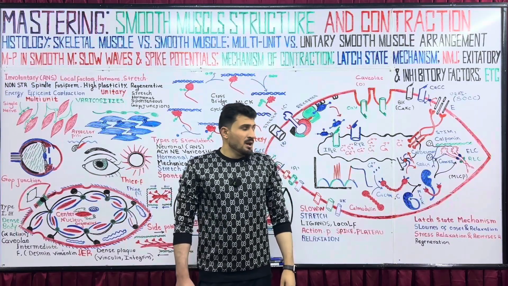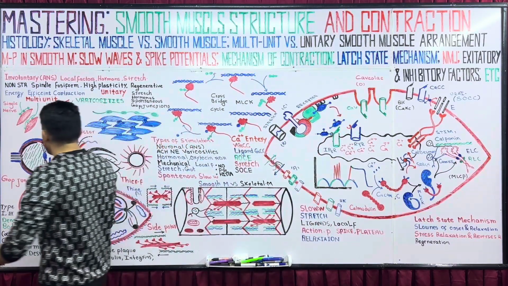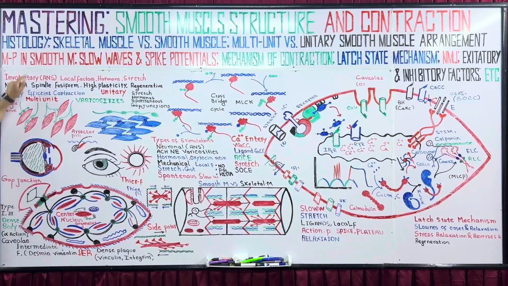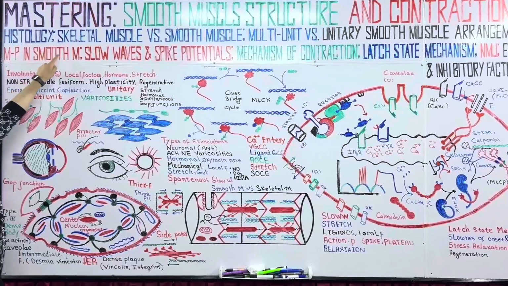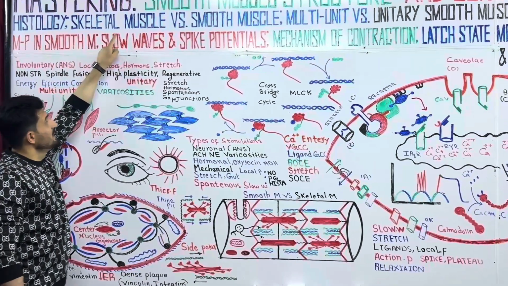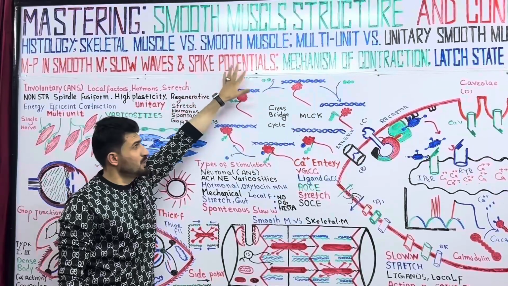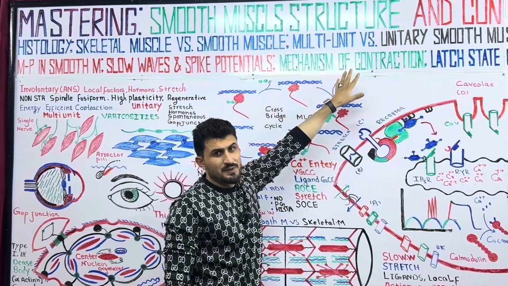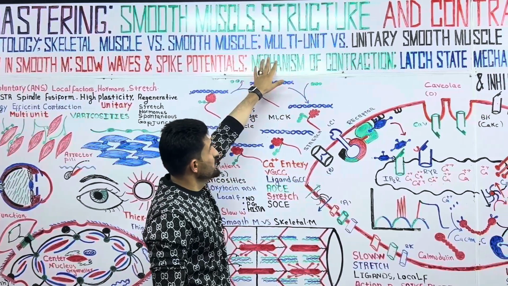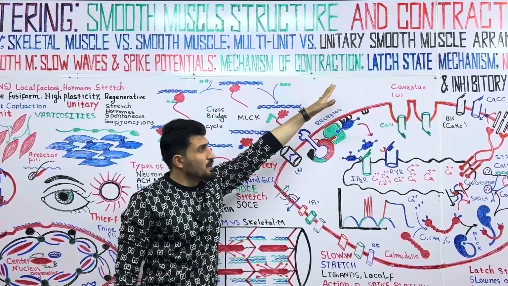During this lecture, first we will talk about the basic histology of smooth muscle. Then we're going to talk about differences between skeletal muscle and smooth muscle, structurally and functionally. Then we will talk about different types of smooth muscle, for example multi-unit smooth muscle versus unitary smooth muscle.